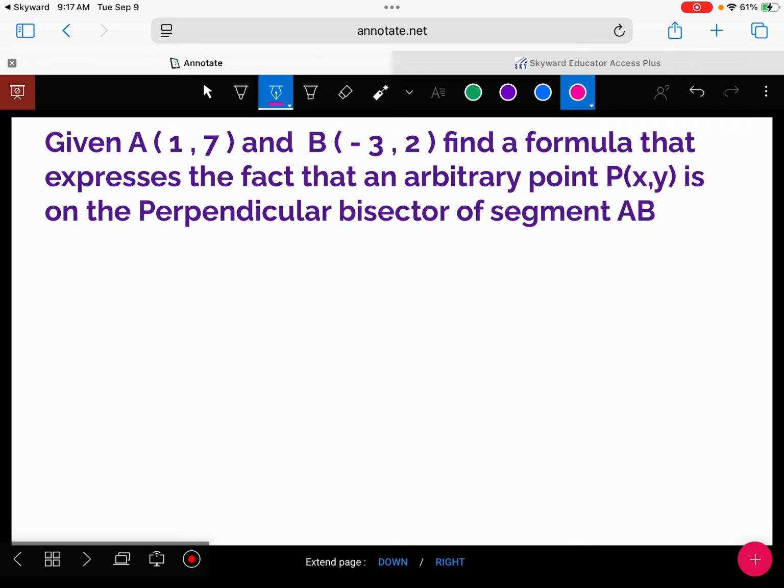So now we're given A and B, and we're trying to find an equation for our midpoint, or an equation for that perpendicular bisector.